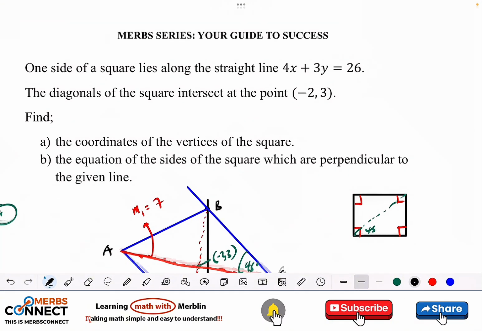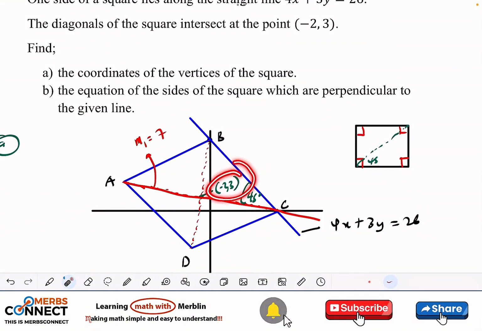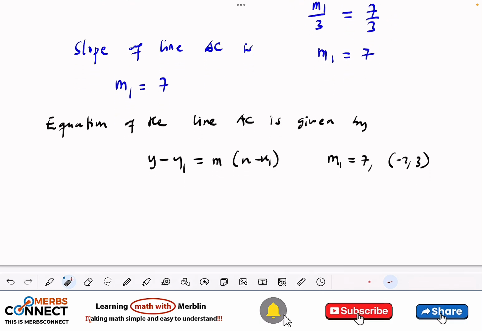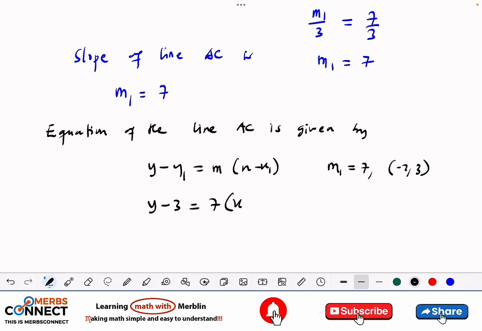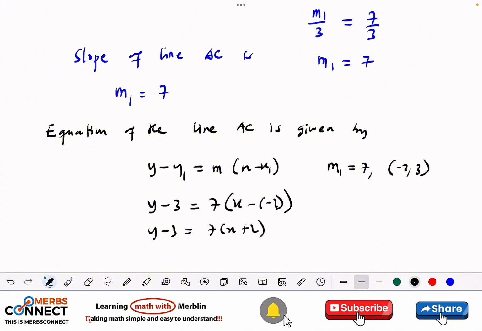From here, this is the point. So now let's form our equation. This will be y minus 3 is equal to 7 times x, and this is going to be minus 2. So y minus 3 is equal to 7 times x plus 2.